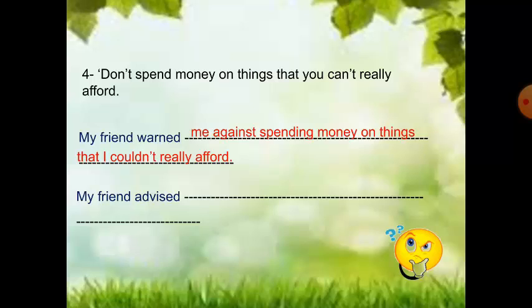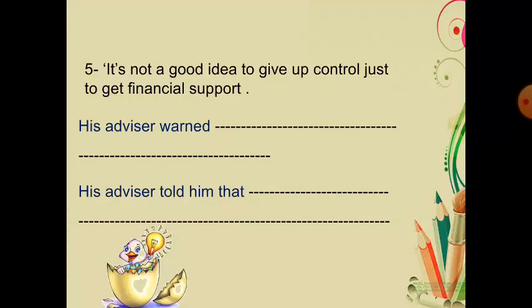We used against spending verb ing, and we changed you to I and can't to couldn't, verb past. Or another way, my friend advised me not to spend money on things that I couldn't really afford. Here we used not to plus infinitive.